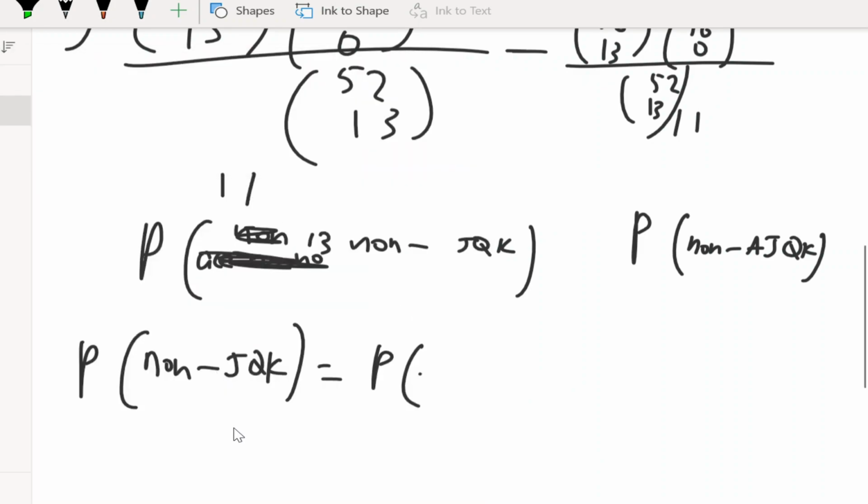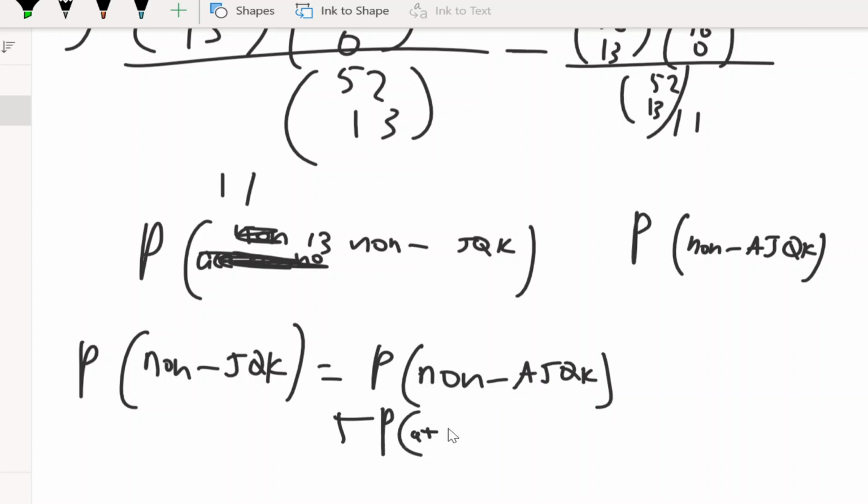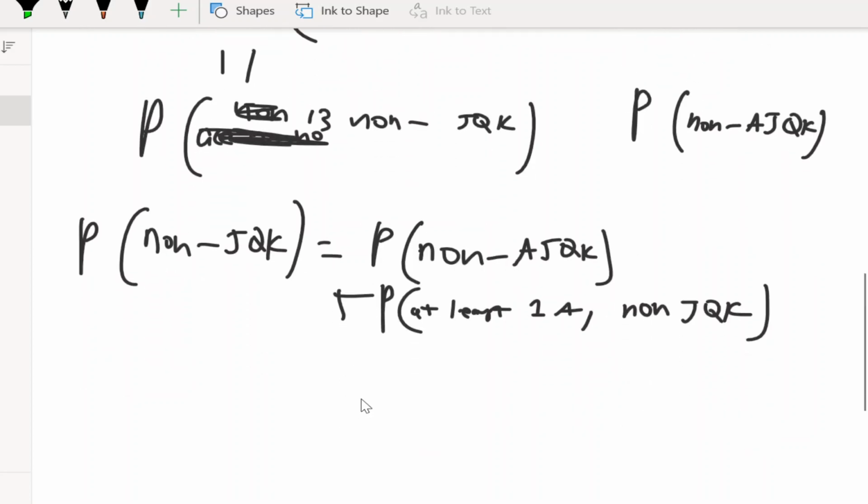There's a bit of a power outage going on right now. Okay, so probability of a non-Jack, Queen, or King is equal to non-Ace, Jack, Queen, King plus probability of at least one Ace and non-Jack, Queen, King. So we're adding together these two realities, right?